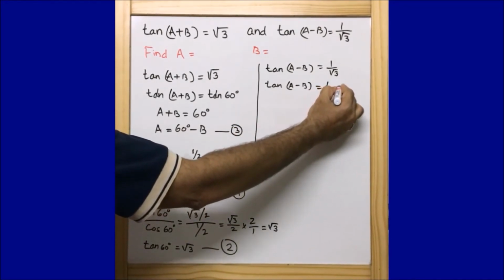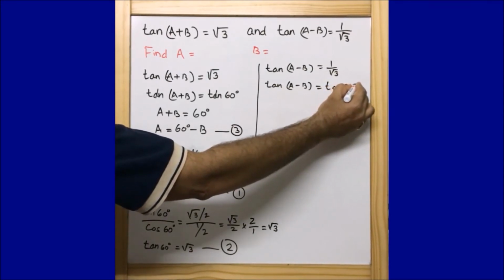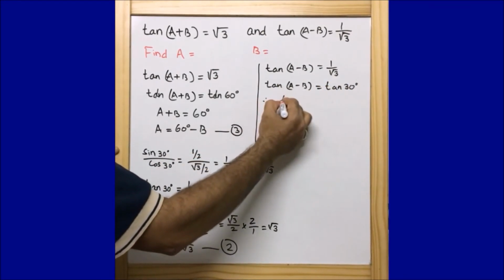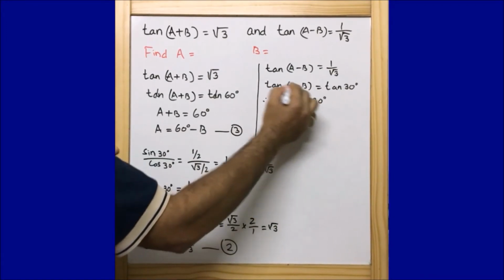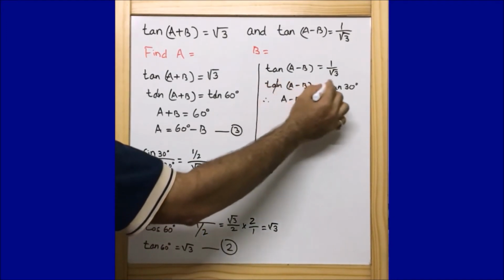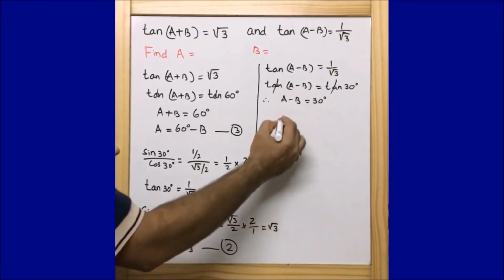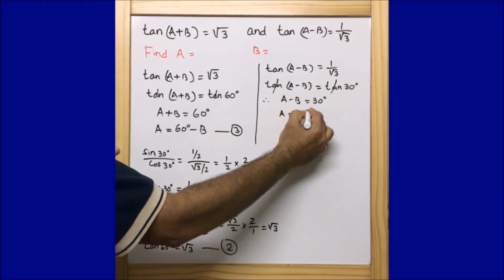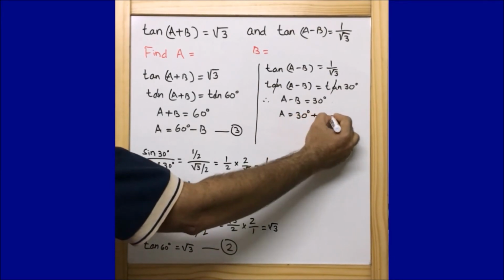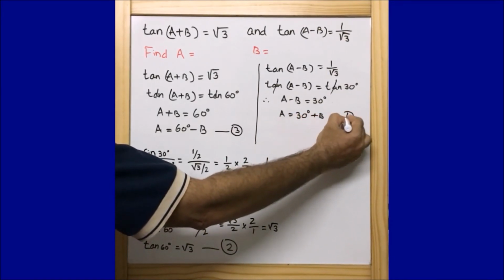Therefore I can say a-b is equal to 30 degree, because this tan and this tan cancels off, or I can say a is equal to 30 degree plus b. Let us name this as equation 4.